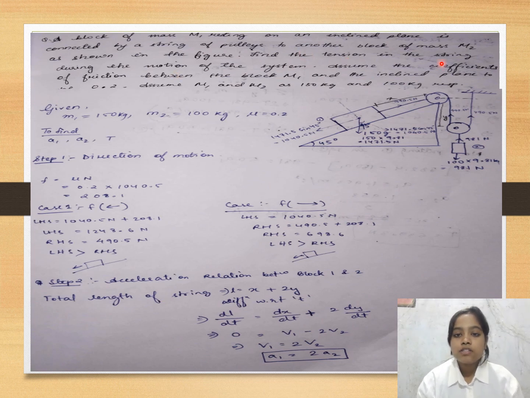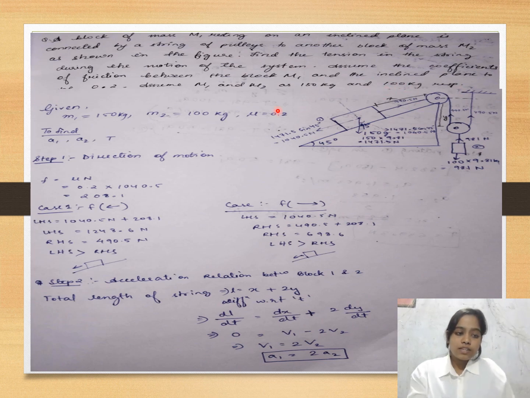Find the tension in the string during the motion of the system. Assume the coefficient of friction between the block M1 and the inclined plane to be 0.2. Assume M1 and M2 as 150 kg and 100 kg respectively.